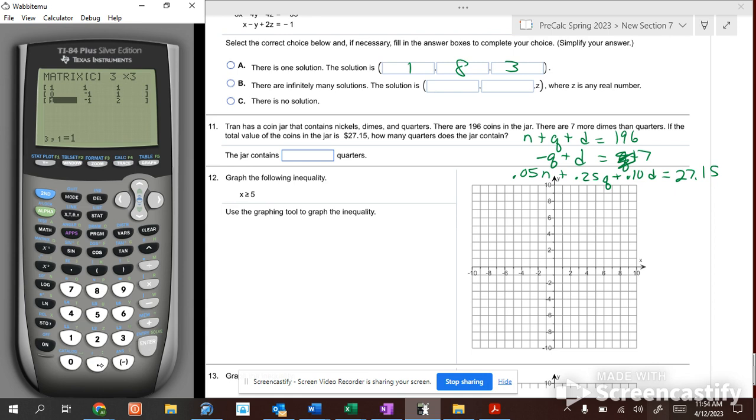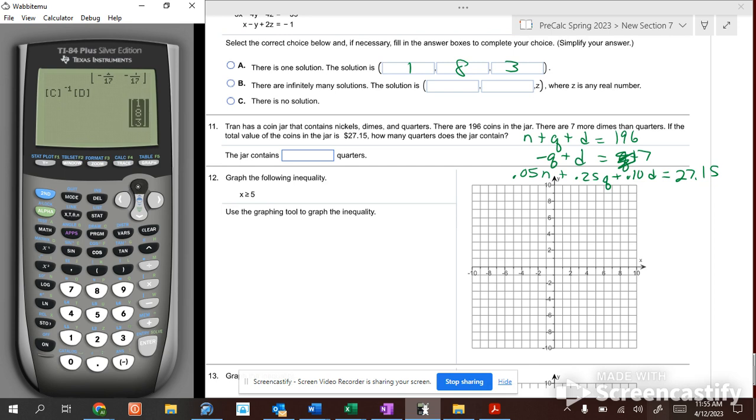And it's going to be 0.05, 0.25, and 0.1. And then I'm going to edit matrix D to be 196, 7, and $27.15.